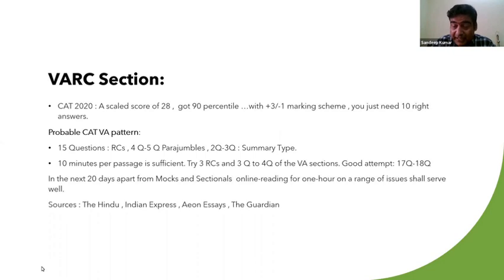Now, for RCs, I need to have great reading skills. And even if I look at parajumbles or summary type, good reading skills is something that will save my day. So in the next 20 days, apart from going in for the sectional tests and the mock tests, what we need to specifically do is good reading. When I say good reading, good sources, online only, would be the Hindu, the Indian Express, Aeon Essays, and the Guardian.